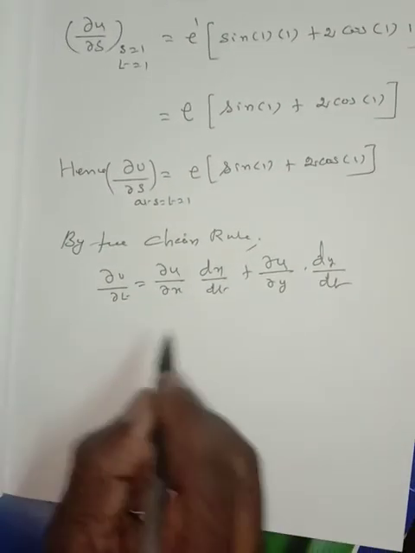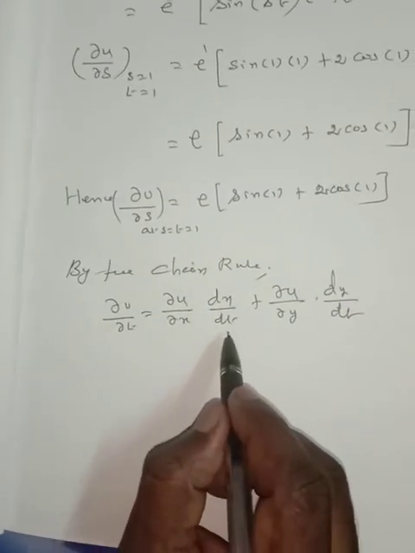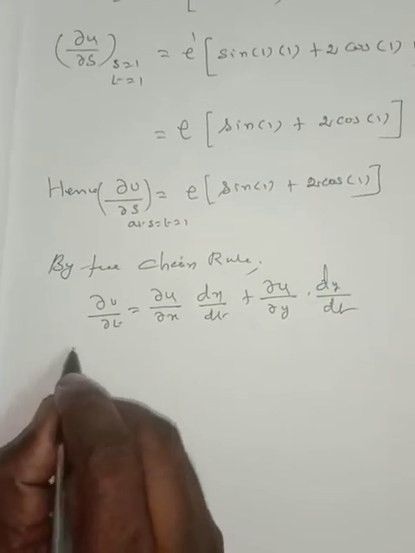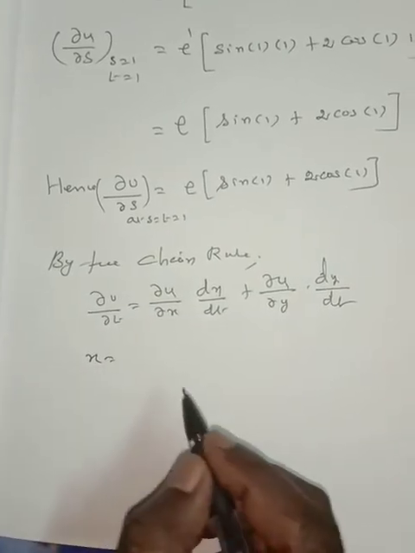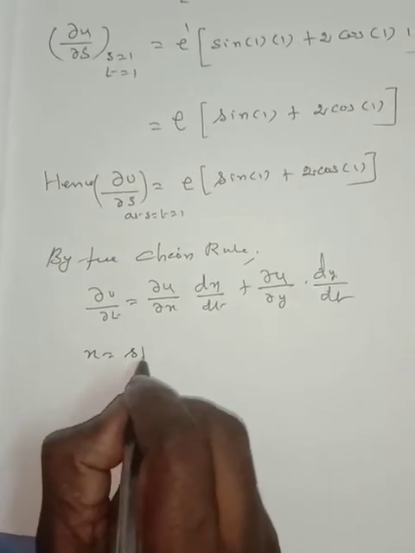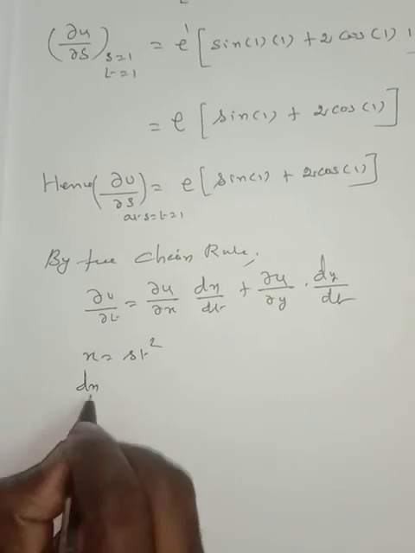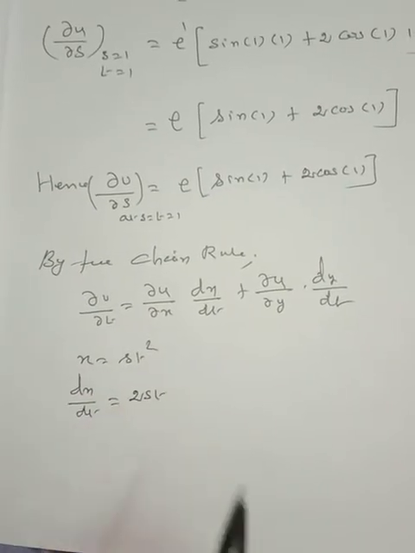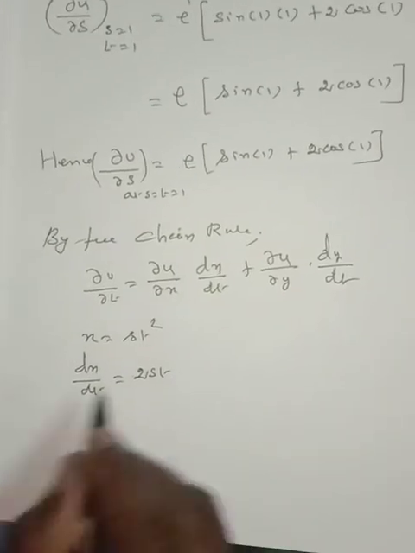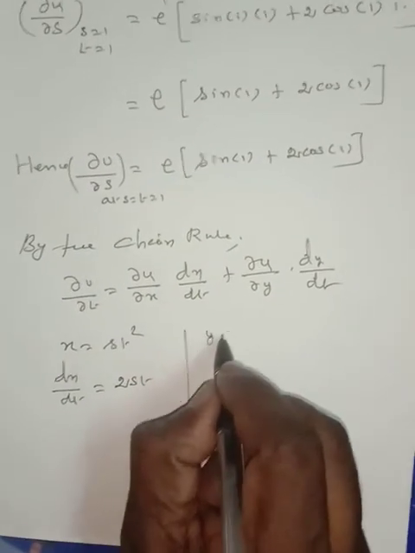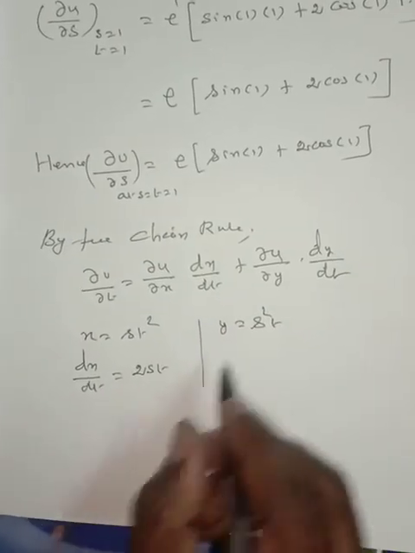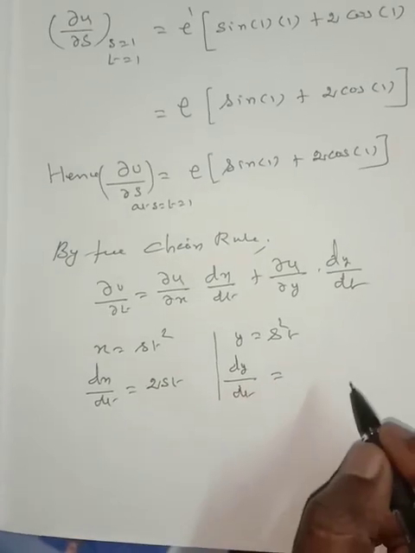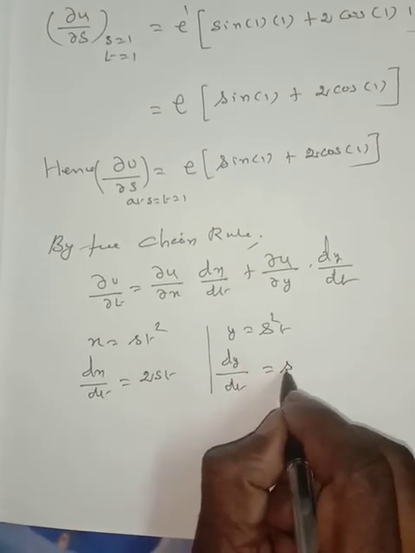Now we want to find first dx by dt. X is equal to s t square, dx by dt is equal to 2st. Next, y is equal to s square t, dy by dt is equal to s square.